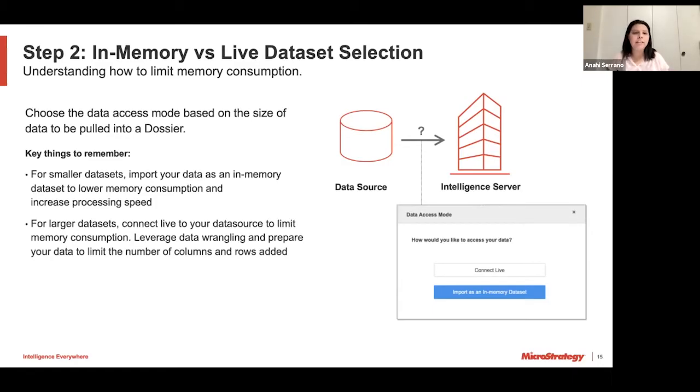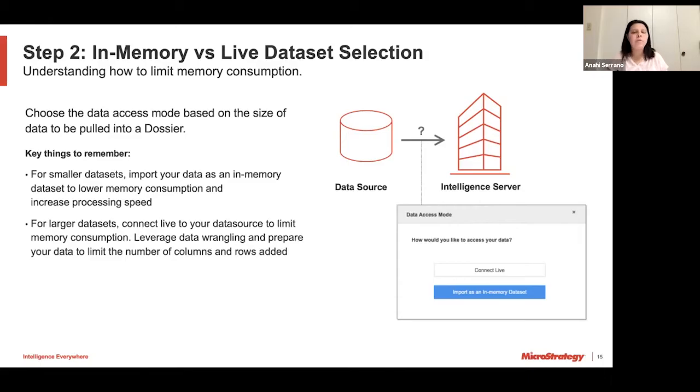What we have found is that depending on your data set size, the in-memory option is really going to be the best performance. It's going to give you the best performance because it's going to be in memory. So we highly encourage you to use the in-memory as much as you can. And be very aware, memory is always a limitation that we have, right? So as much as we can, use the in-memory option.